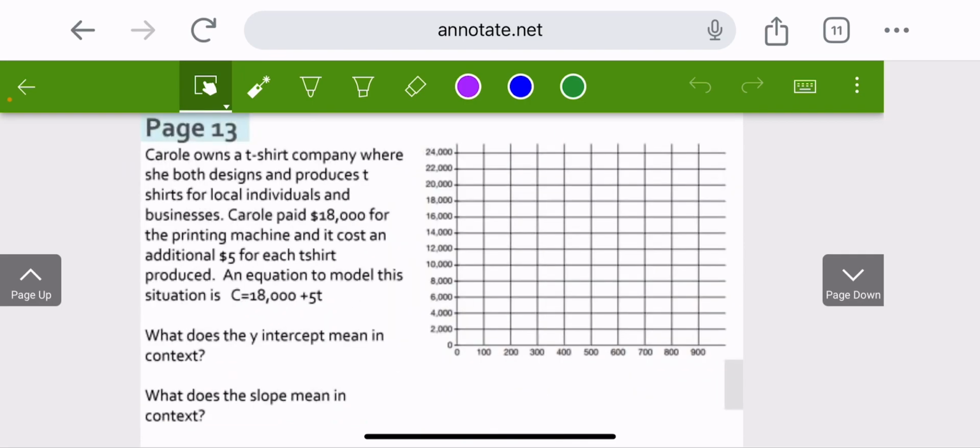What you're going to do now is look at page 13. Page 12 is just places you can write your opinions in your own time. I want you to work with a neighbor, and you're going to find all those same things, but this time you have to make your own picture. They give you the equation, they give you the paragraph.